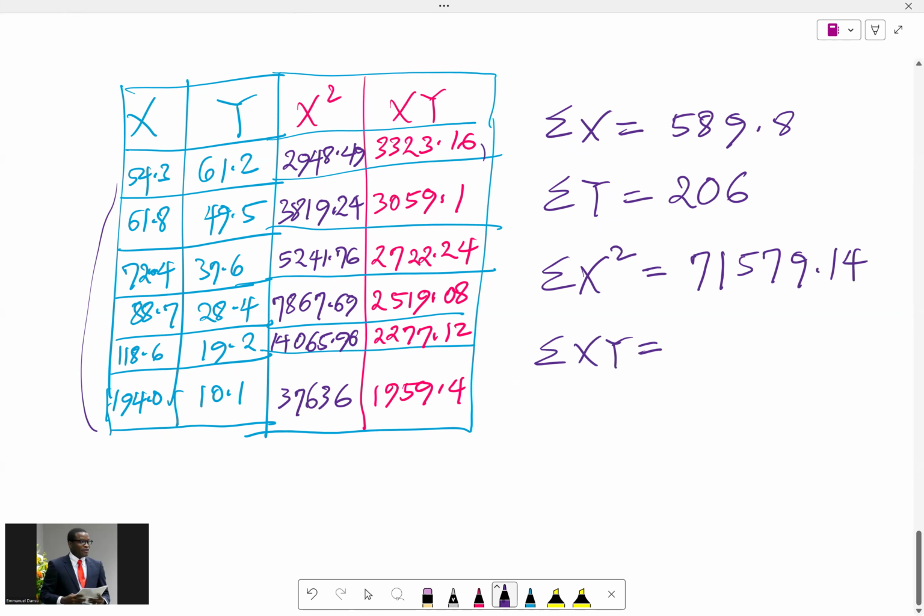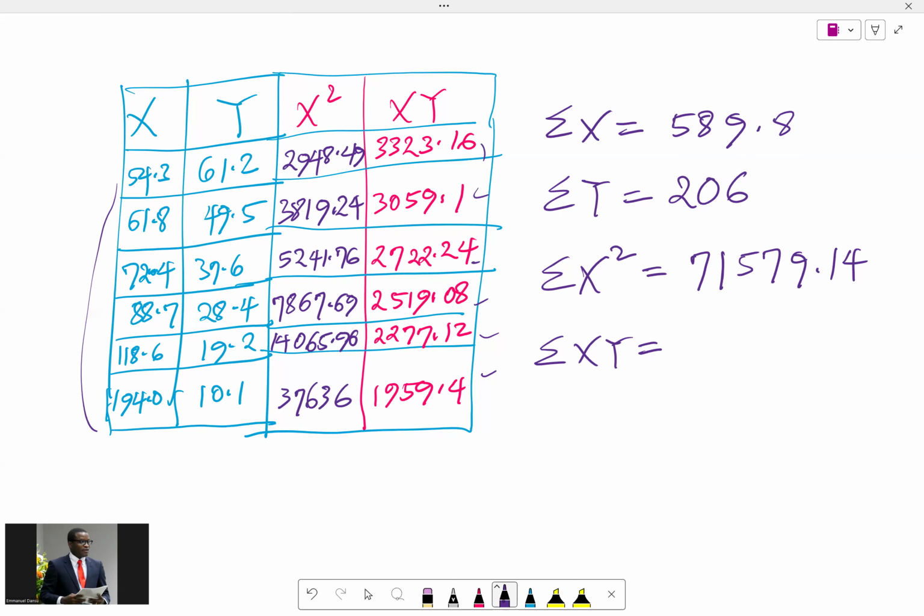So lastly, we need summation of x y. So that's all this now. Need to add up all of this. So again, we go carefully. 3323.16 plus 3059.1 plus 2722.24 plus 2519.08 plus 2277.12 plus 1959.4.